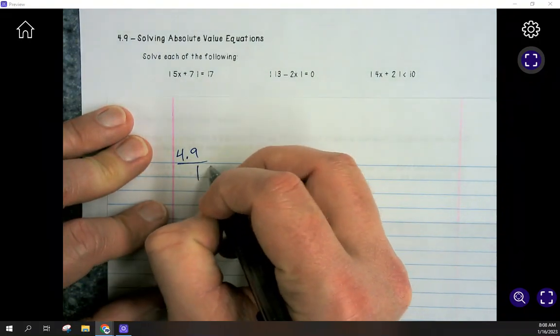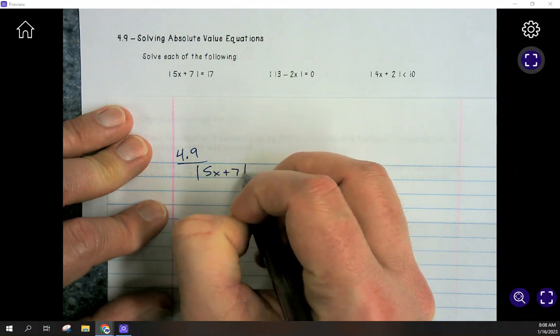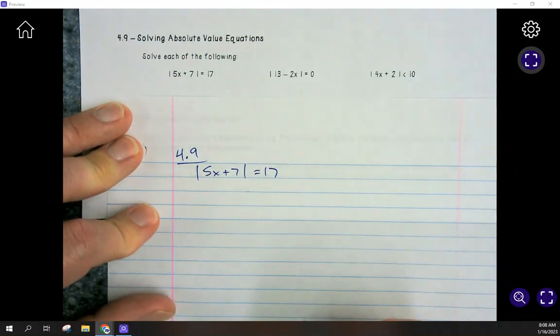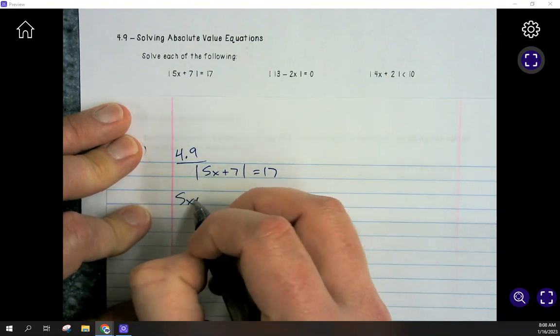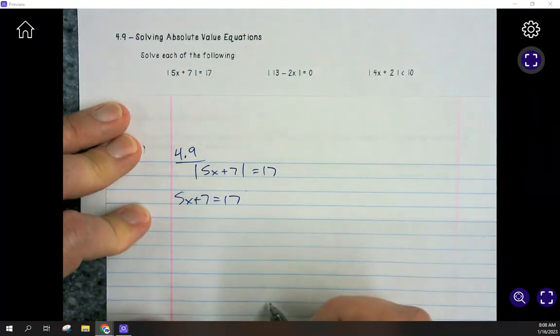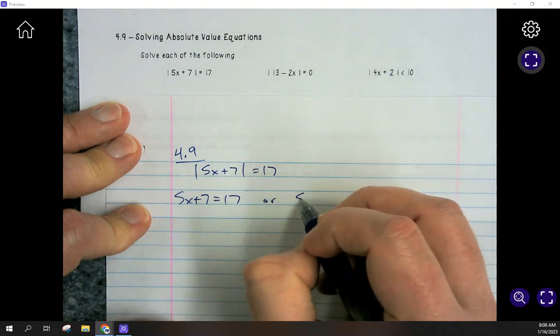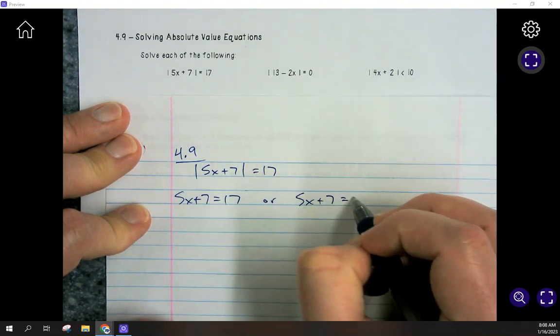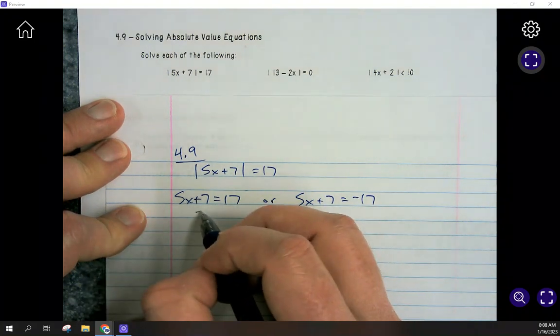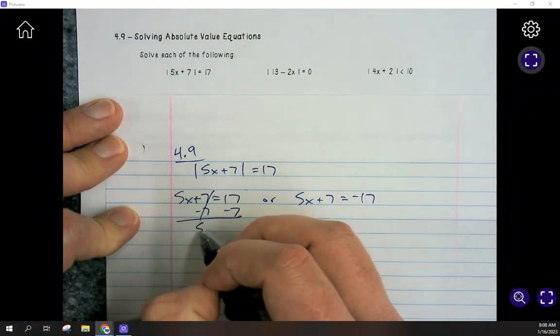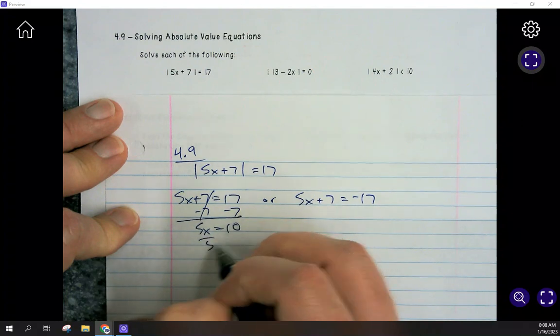All right, so we have 5x plus 7 equals 17. What we're going to do is split this into two pieces. It could have been positive 17, but it also could have been negative 17. So we solve this one out. Divide by 5.